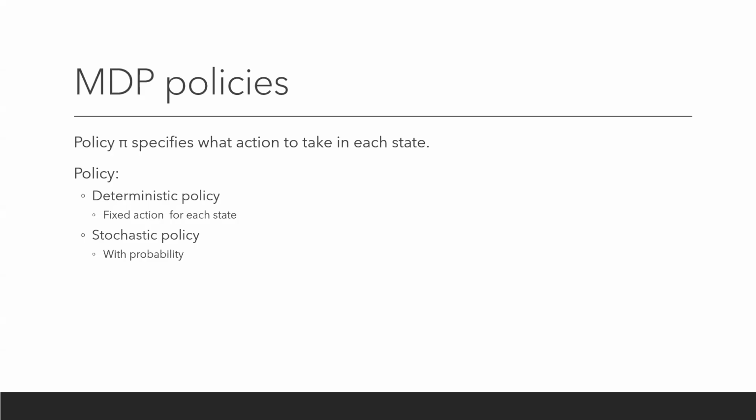In deterministic policy, if we take a certain action, then it always results in the same next state. But in stochastic policy, we introduce probability.